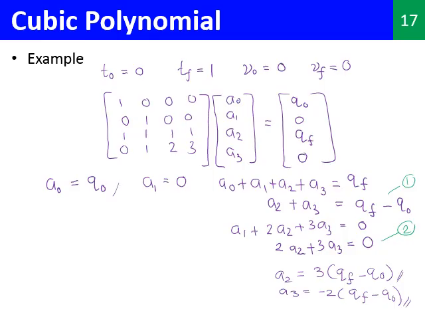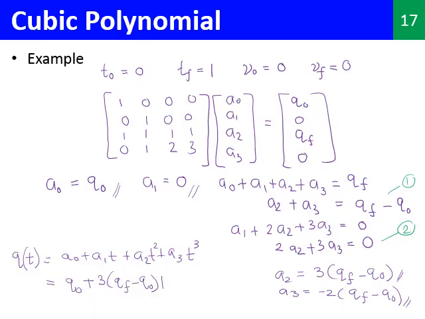Okay, so we have found the coefficient vector, and therefore q(t), the trajectory function, is a0 plus a1 t plus a2 t squared plus a3 t cube, the cubic polynomial, and from that we find q0 plus 3 times (qf minus q0) t squared minus 2 times (qf minus q0) t cube.